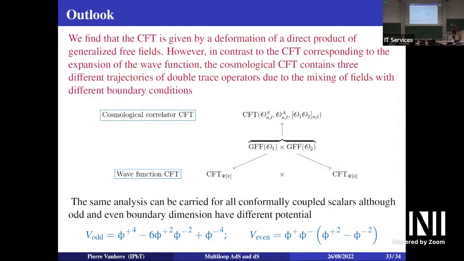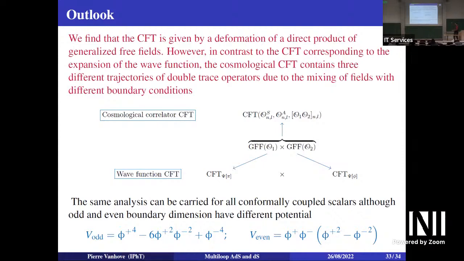If delta is not an integer, this is different because the bulk-to-bulk propagator needs to be treated in a different way. And what we find is that if you start with two generalized free fields of dimension 1 and dimension 2, then from the cosmological correlator, you find that the dual CFT exhibits some coupling, and the coupling between these two is responsible due to this mixing between the field and its shadow through this effective action that we introduced at the beginning.